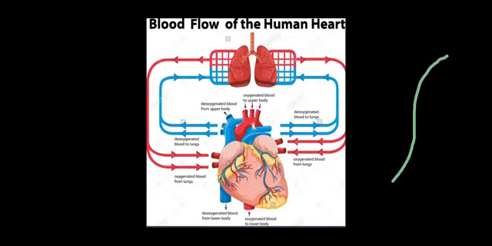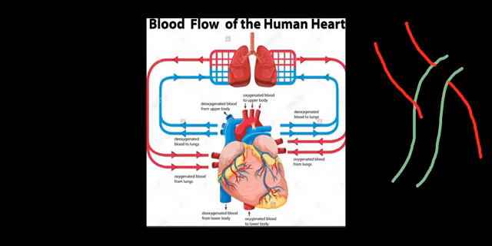Look, the pulmonary artery was like this, okay, and the aorta was like this, right? So in the aorta also there is a valve present, and in the pulmonary artery also there is a valve present. So they are called arteriole valves, that is, the valves of the arteries.